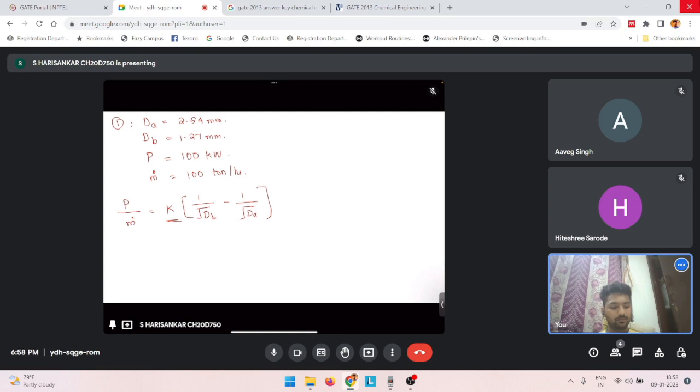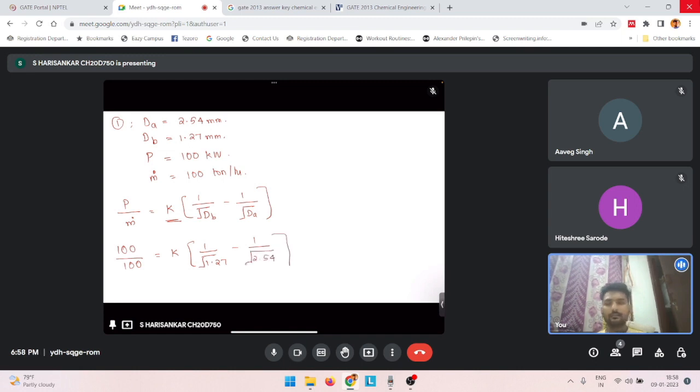So what we need to do here is substitute all these values and find the constant K. Substituting, we can write 100 by 100 is equal to K into 1 by root of 1.27 minus 1 by root of 2.54.